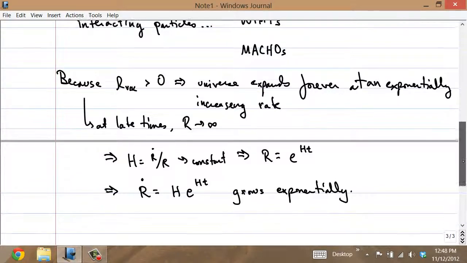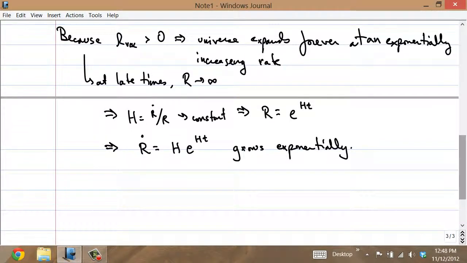And if you think about what this means for the future of our universe, this is really the ultimate existential nightmare. Why is that? Well, it means that eventually, every 2 points in this universe will be receding away from each other faster than the speed of light.